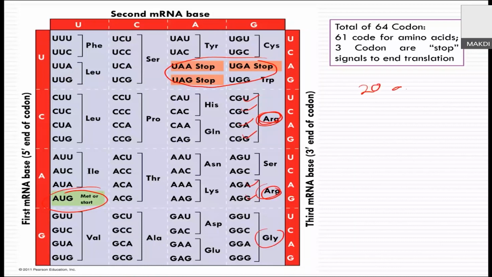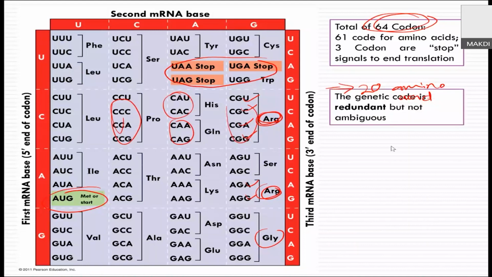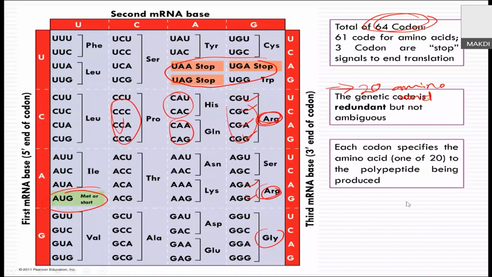So we have a total of 20 amino acids. So of these 64 codons, some of them code for the same amino acid. 64 codons, but only 20 amino acids. So that is the codon. We call it redundant because different codons can code for the same amino acid.